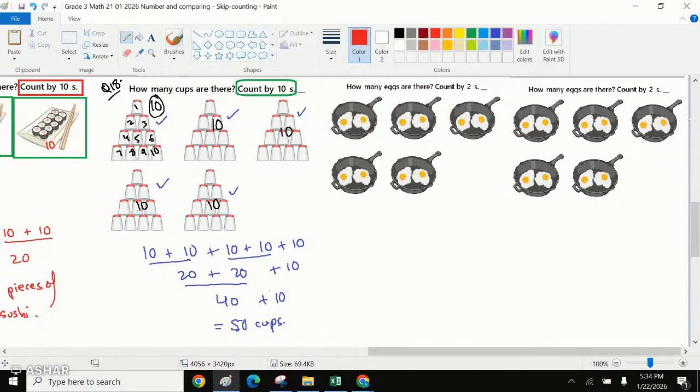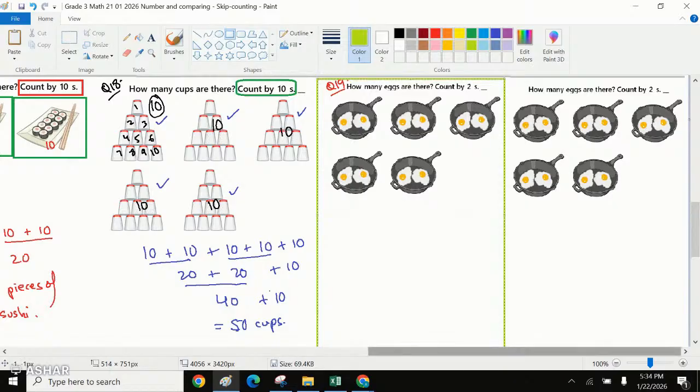Then after this, let's go to the test, right? How many eggs are there if we are considering the first one? There is 1, 2. That means each pan has 2 in it, right? How many pans do we have?